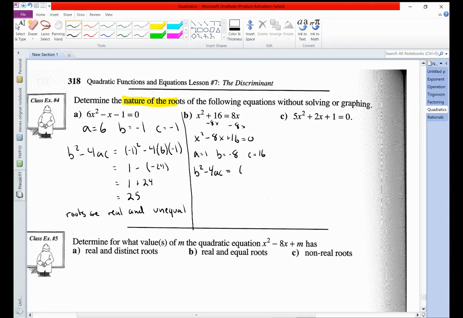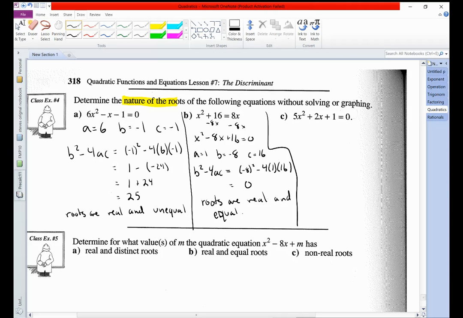So now we have -8 squared minus 4 times 1 times 16. And when we plug all of that in together, we are going to get 0. So when our discriminant is 0, our roots are real and equal. So we're going to have one root.